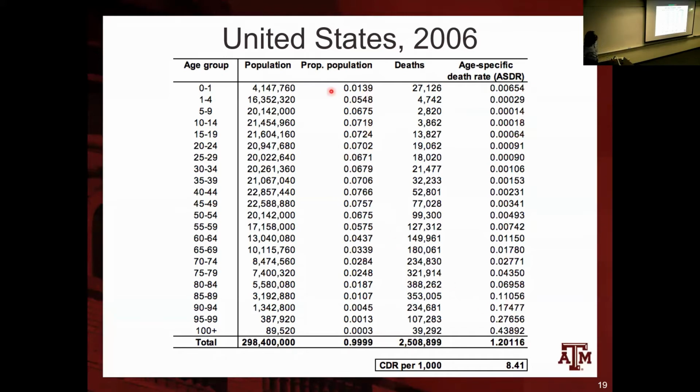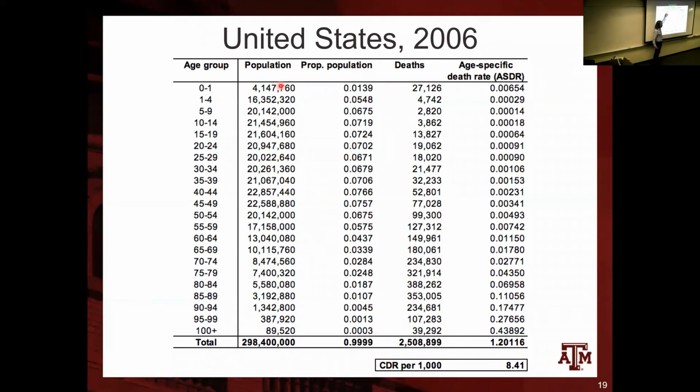And based on this first column here, you just add everything, you have almost 300 million people, 298 million people. And if you want to know the proportional distribution of this population by age group, how do you do it?